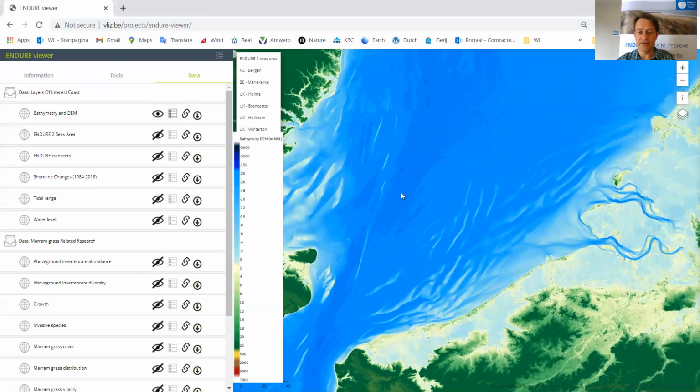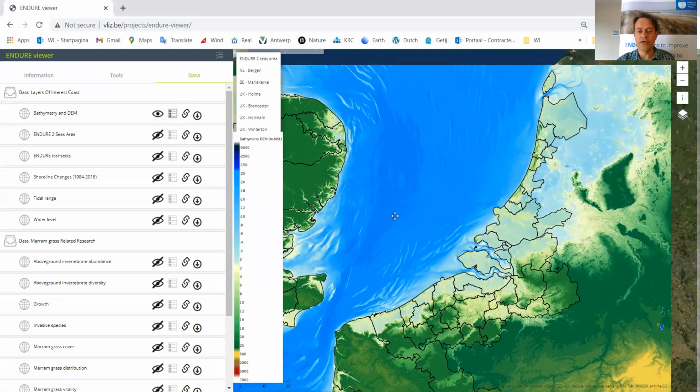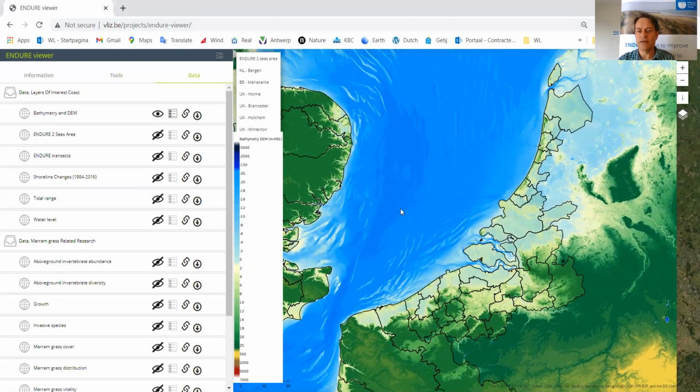So I display here the bathymetry, and these general views are quite useful because it gives you a feeling about the whole area. For instance, there is a common belief that the Belgian coast is very similar with the Dutch coast. But if we look at the bathymetry of this area, we see that there are clearly differences between the coasts.